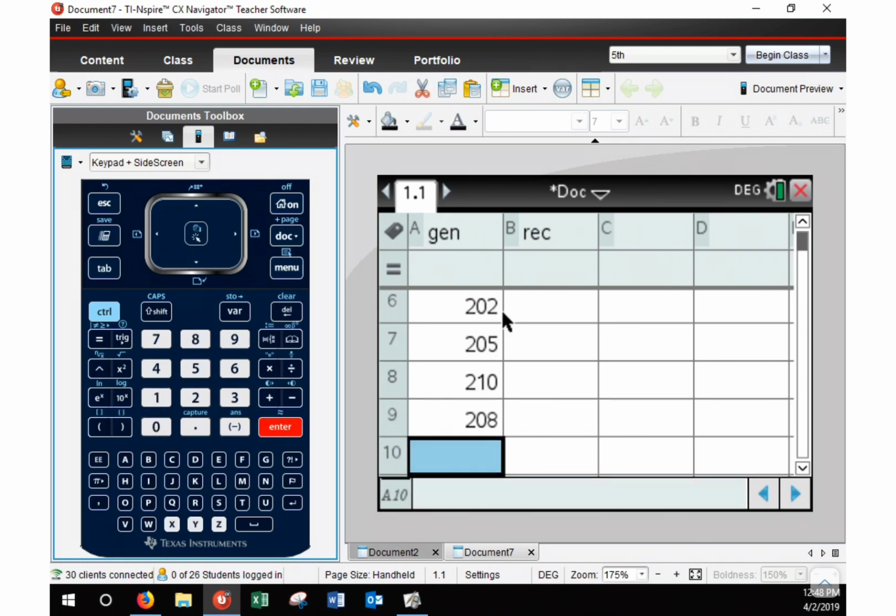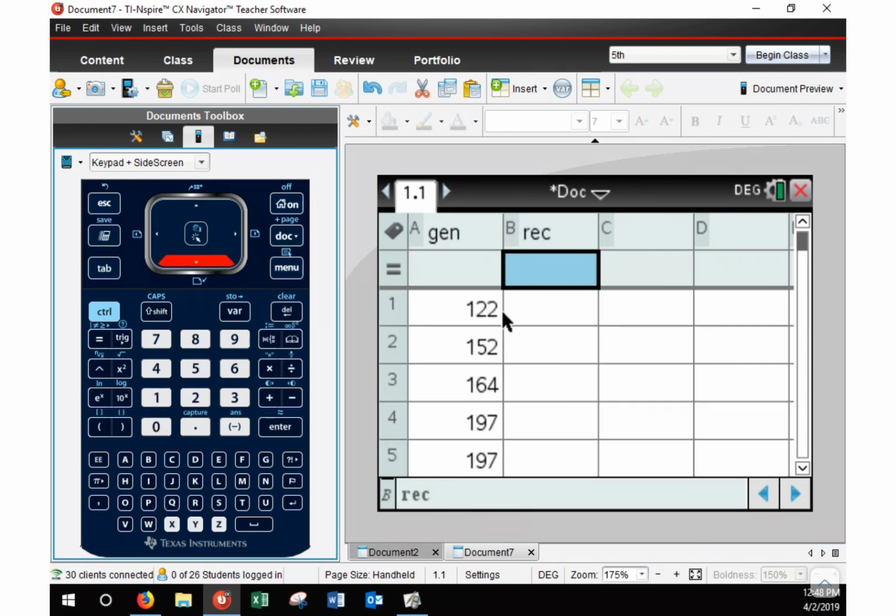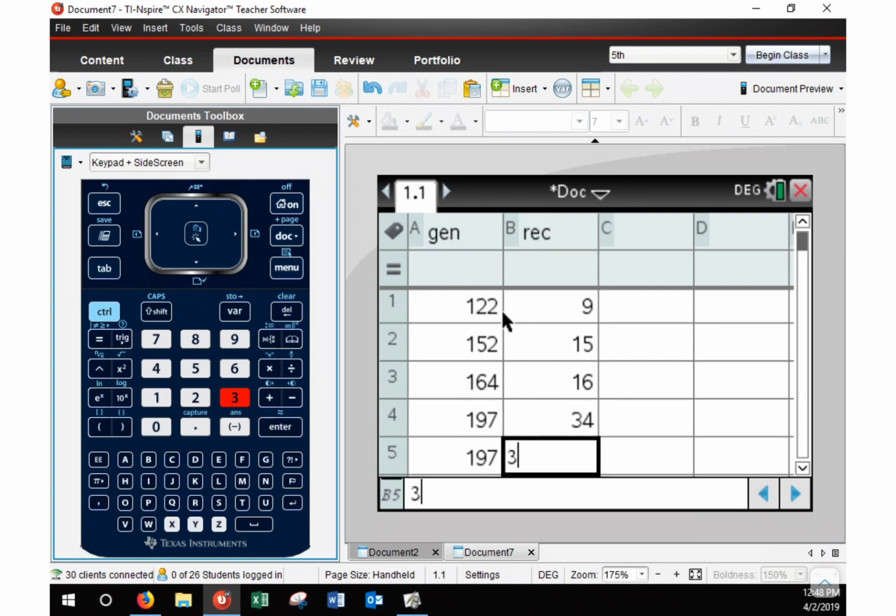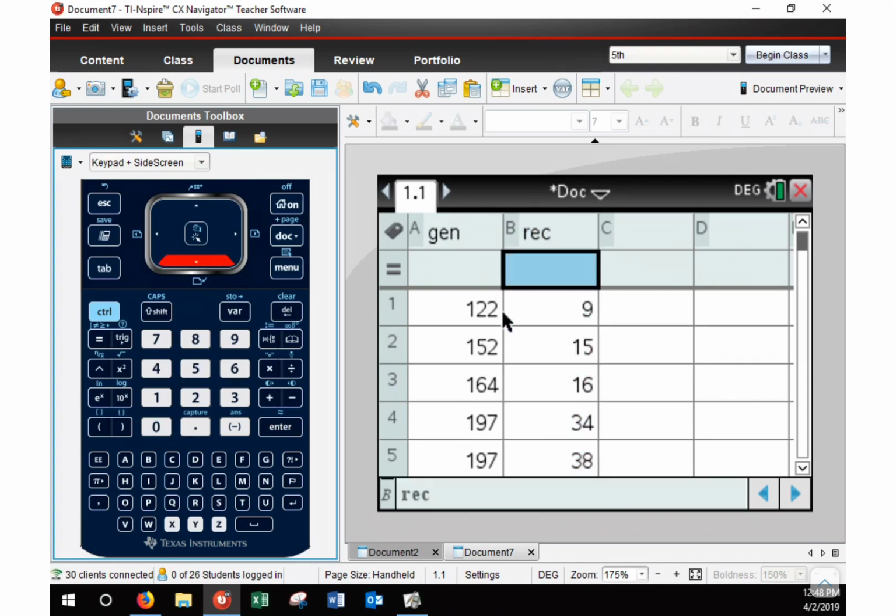Now, since we're doing it on the calculator, we could actually put it in the millions, so add the zeros behind it, and it'd be fairly easy to do. But because we didn't do it on the other one, I probably wouldn't do it on this one either.